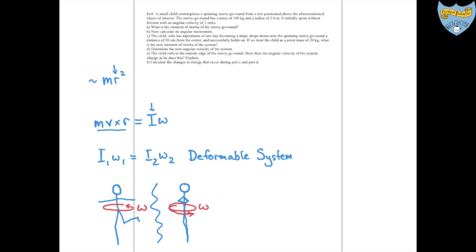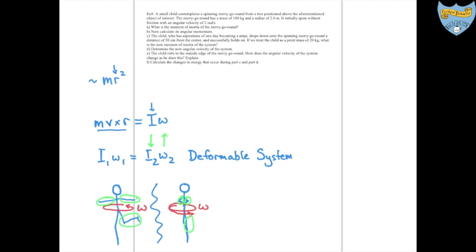So what the figure skater has done is moved the mass, which is to say arms and legs, in closer to the pivot. And that means that the moment of inertia has dropped. And the result then is going to be that the angular velocity must increase.